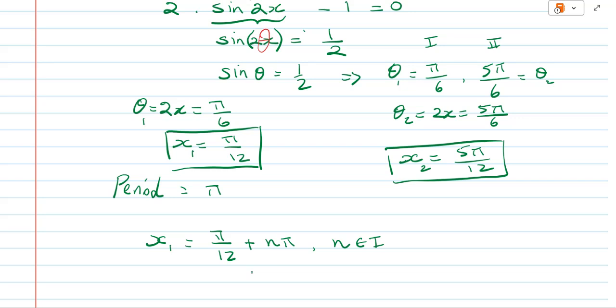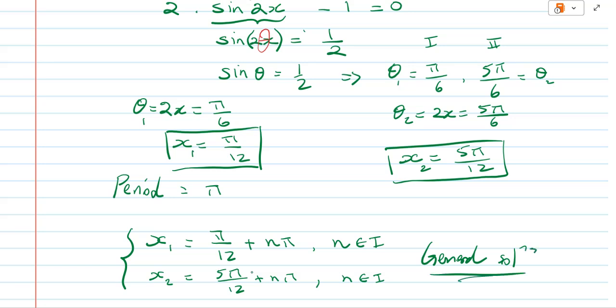The next part for x2 is the same, but this time we have 5 pi over 12, and then we add every pi cycle to that, and again the same restriction applies because n needs to belong to all integers. These two are general solutions, but for one period you have these solutions. Make sure you understand that, please.